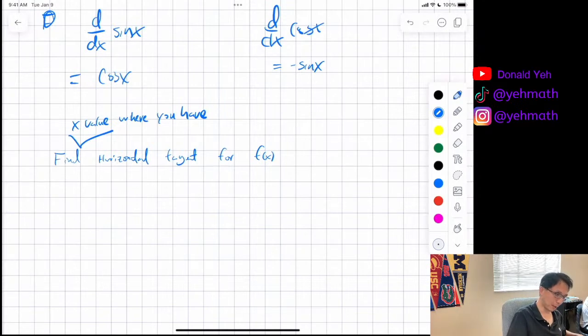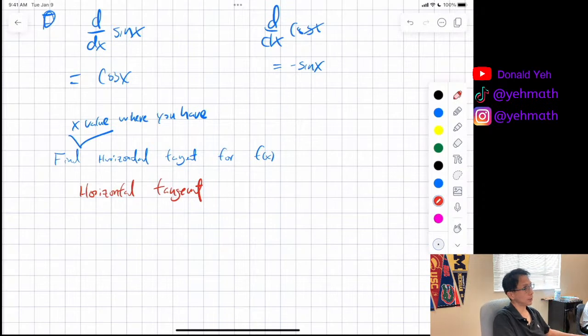So first thing is I want to talk to you about what is horizontal tangent. Can you tell me what horizontal tangent means in terms of calculus? Anybody want to give it a try? Slope is 0. Okay, that's good. That's like algebra 1.